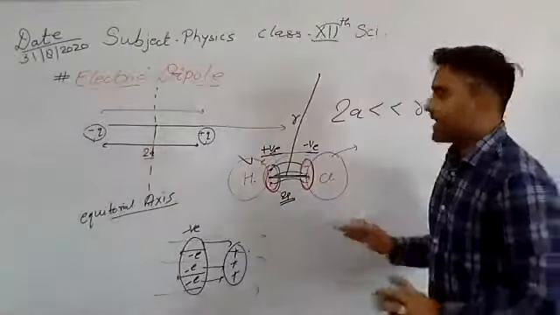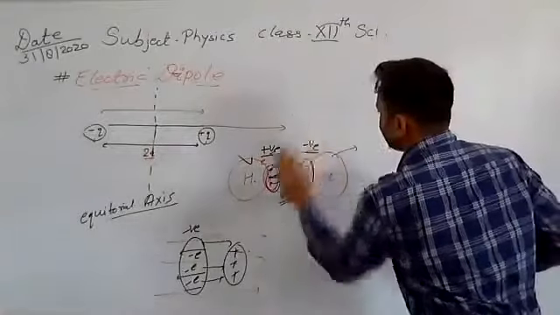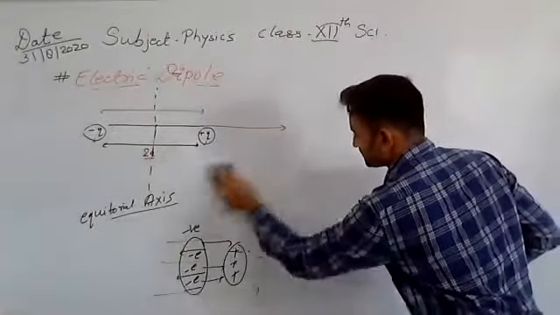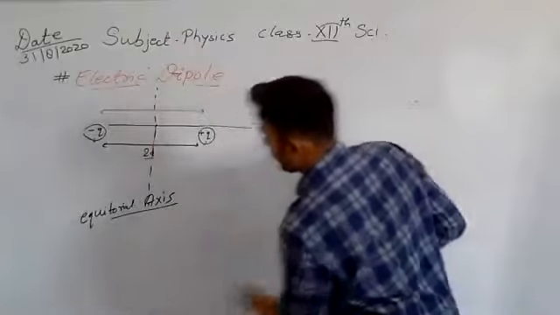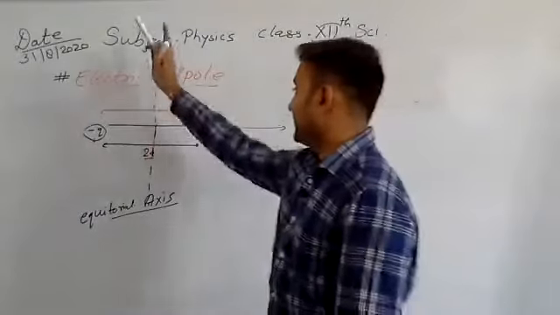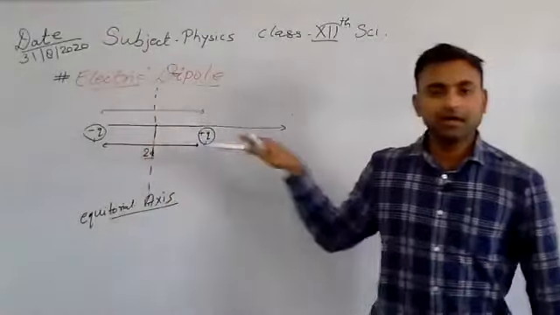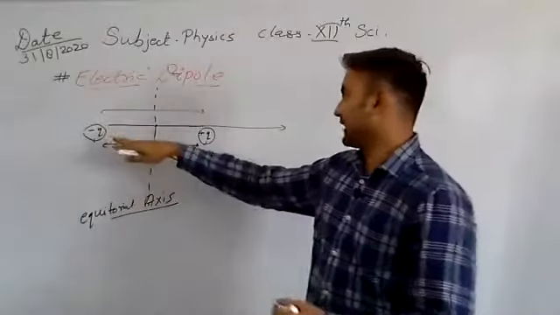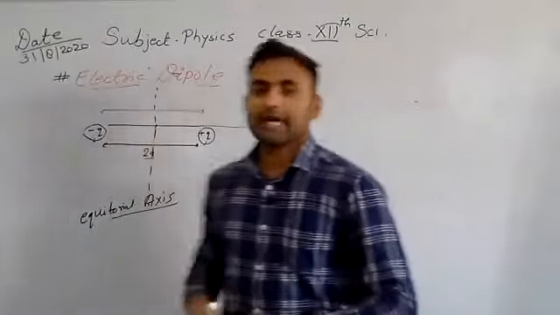That is why I was telling you, we have an equatorial axis and a coaxial, or else the axis of the dipole.